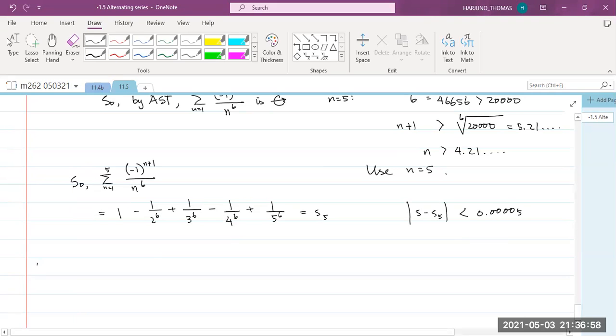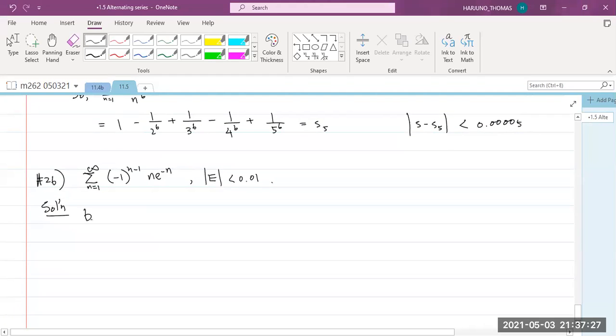Number 26. Infinite sum of (-1)^(n-1) n e to the -n, and the error should be less than 0.01. We need to find how many terms, but first we need to show that it is convergent.